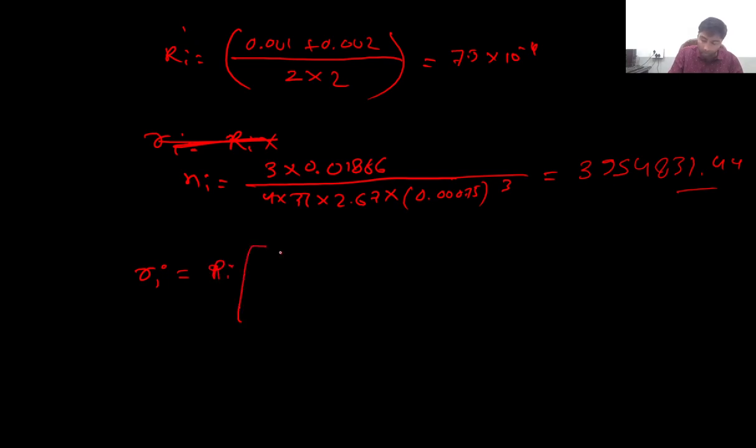While determining Ri, we can use the expression Ri is equal to capital Ri into 4 times the void ratio and this Ni, the number of particles which we have obtained, to the power 1 minus alpha, upon 6 to the power 0.5.